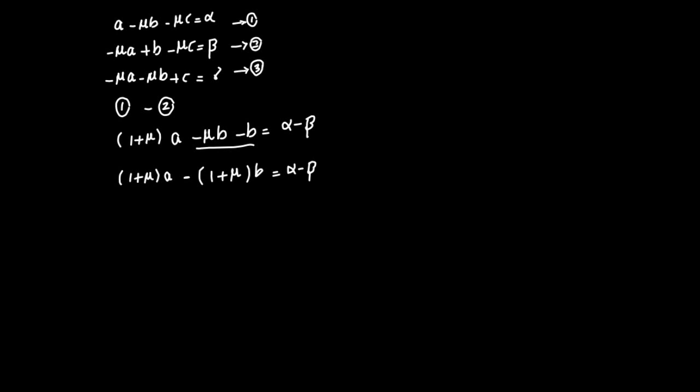So this is going to be my star equation 1 because it has got two unknowns, A and B. If I can get one more equation in terms of two unknowns, A and B, I can solve the two equations to get the values of A and B. So I'm going to get star equation number 2, and solve the two star equations to get the values of A and B.